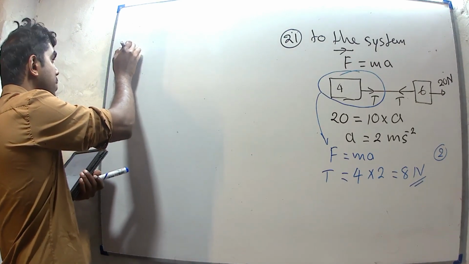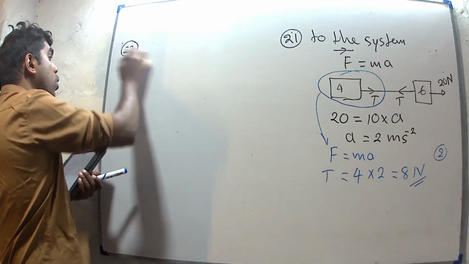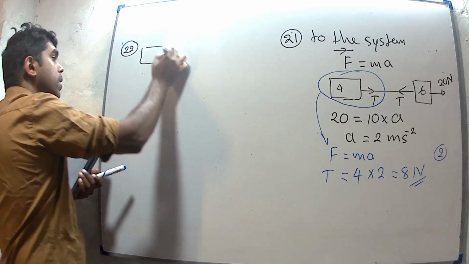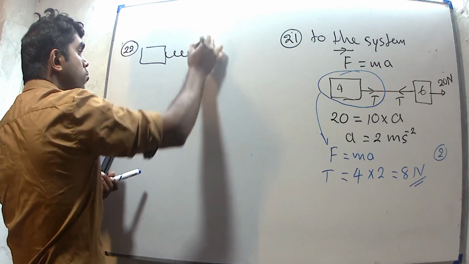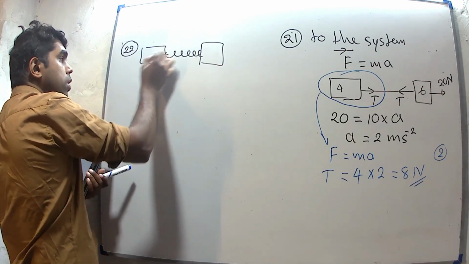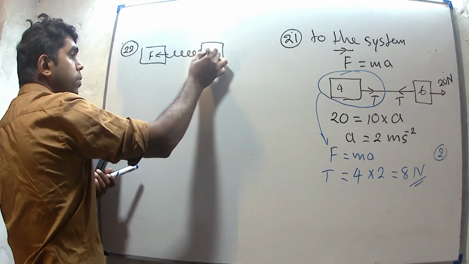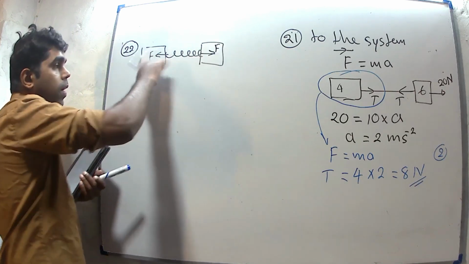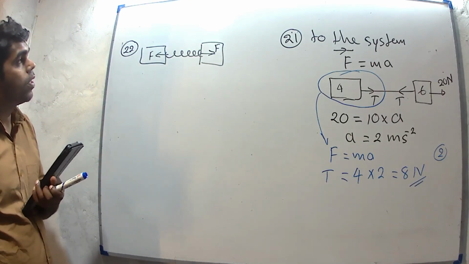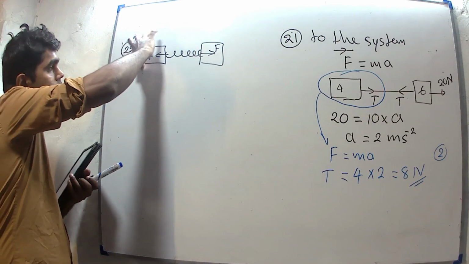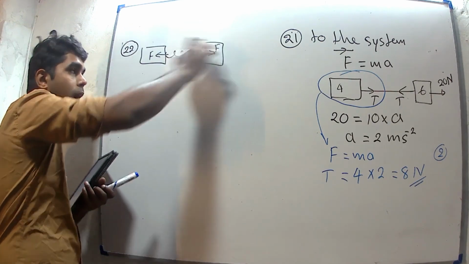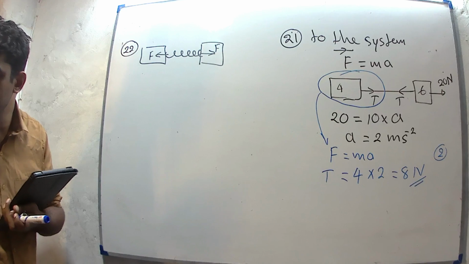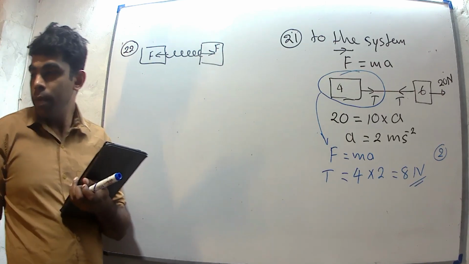There are two forces on two objects, like this. There are two forces on the system, but when considering this part and this part, forces are equal and opposite. Forces are equal in magnitude.